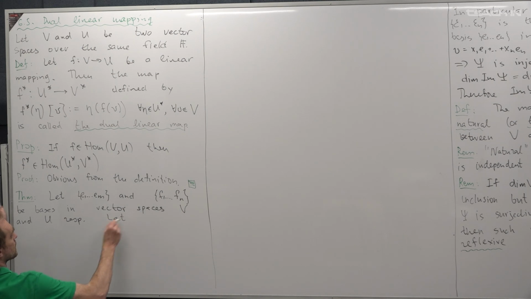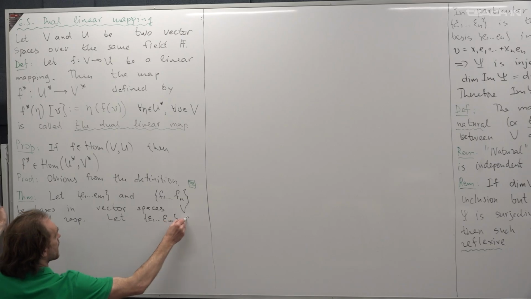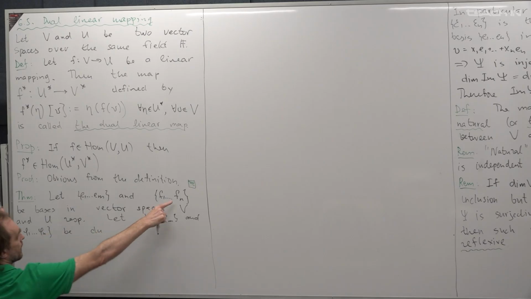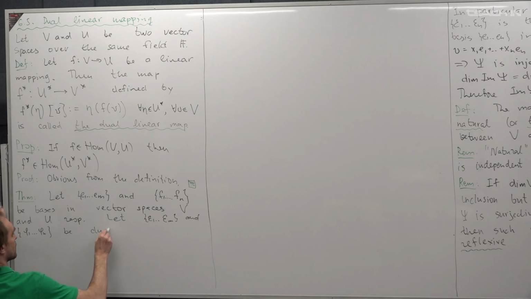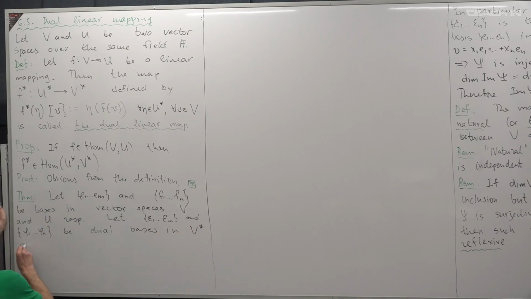So let epsilon 1, etc., epsilon m and phi 1, etc., phi n, because we have n elements in the second basis, be dual bases in V star and U star respectively.